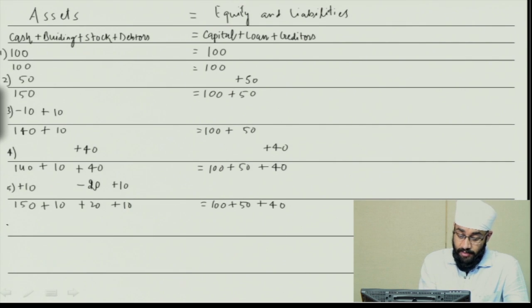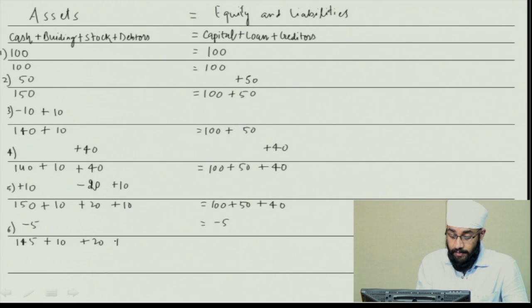So for transaction 6 we have a reduction of 5 in the cash and a reduction of 5 in the capital. So both sides are reduced by 5 and you still maintain the accounting equation.